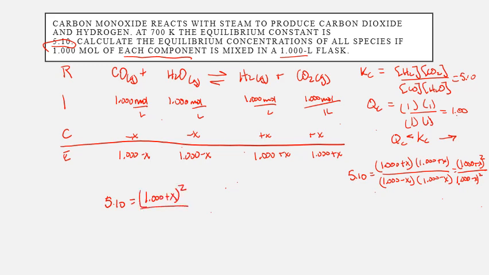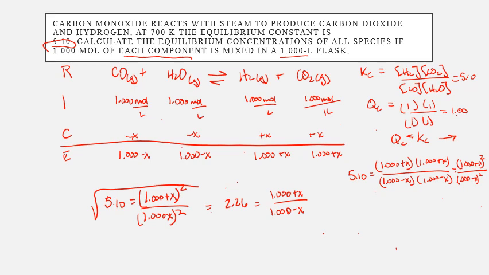I have that concentration squared and 1.00 minus x and that concentration squared. So what we can do is just take the square root of the entire thing. When we do that, the square root of 5.1 is equal to 2.26. And then that just gives me (1.000 plus x) divided by (1.000 minus x).